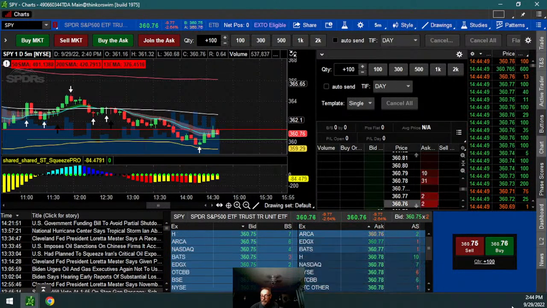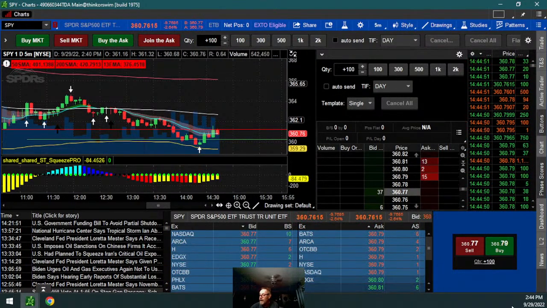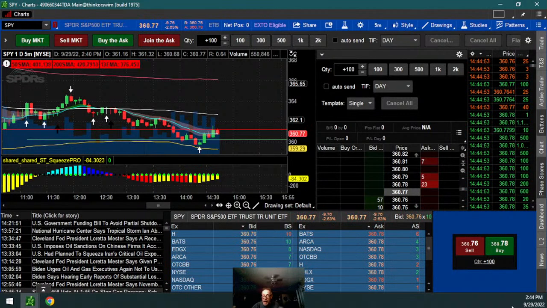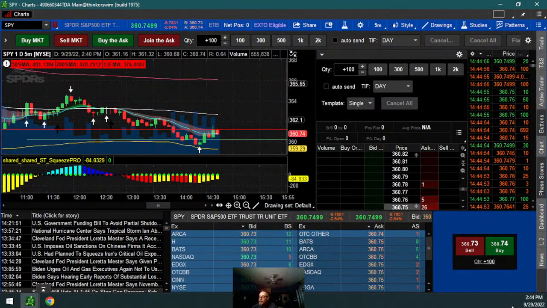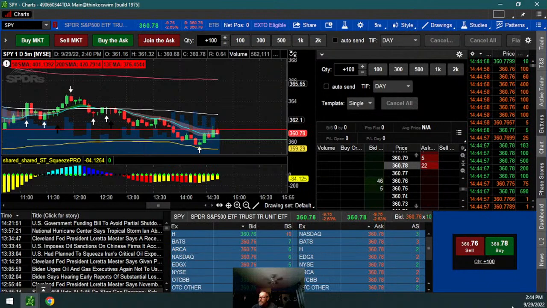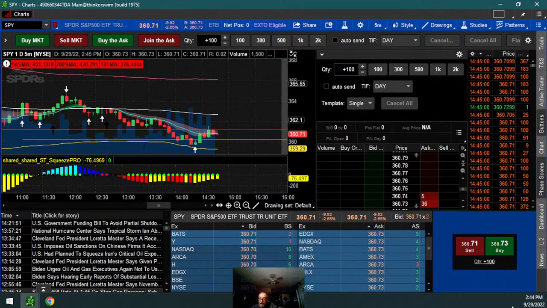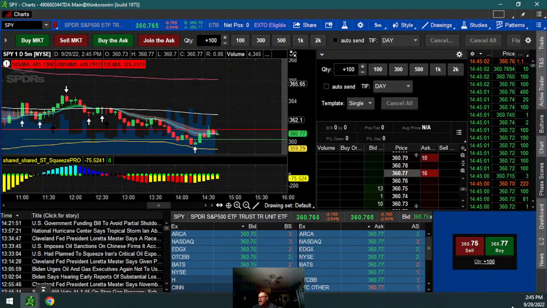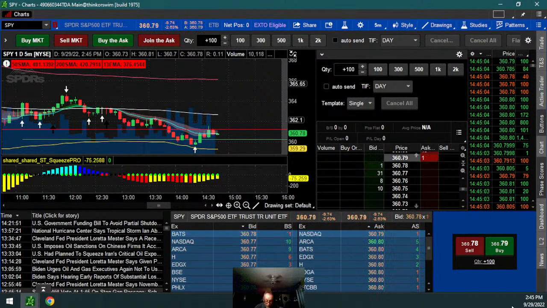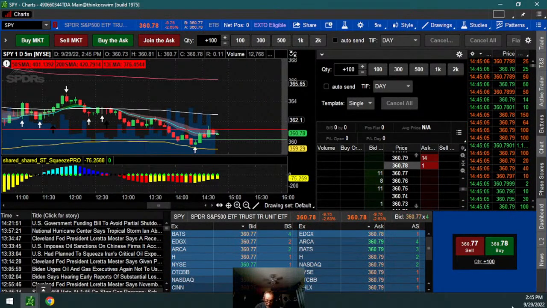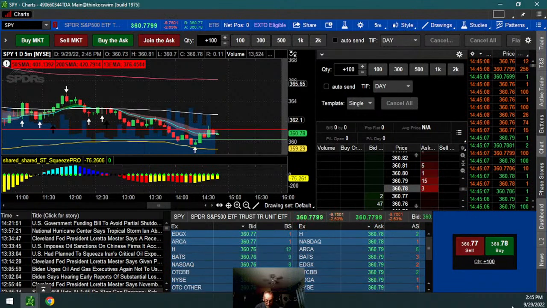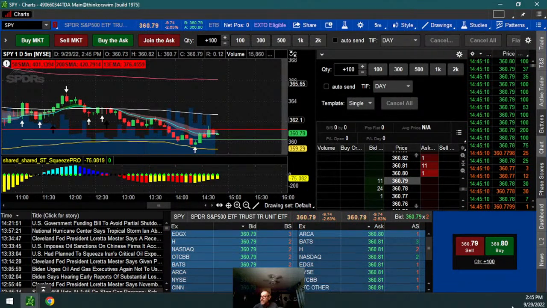And 283. And right now, if I got in what I just said I was getting in, I would be up about 4 or 5 cents. Because if I got in the put at 283, it's now at 288. I'd be up 5 cents. And I should have said also 10 contracts. So 10 contracts. That's what I would have been in if I had done it.